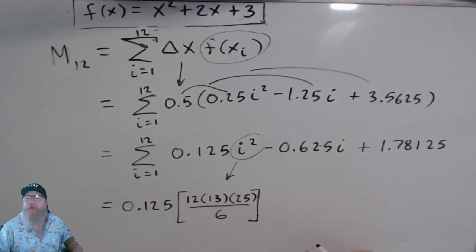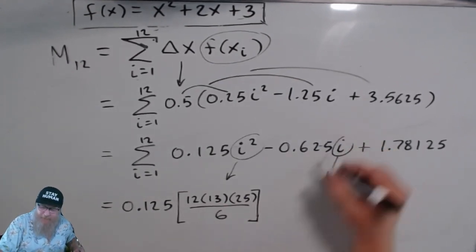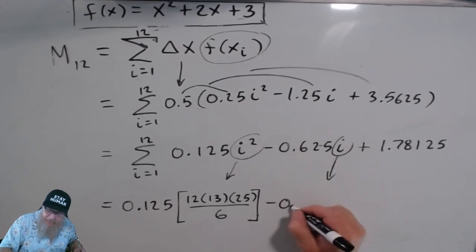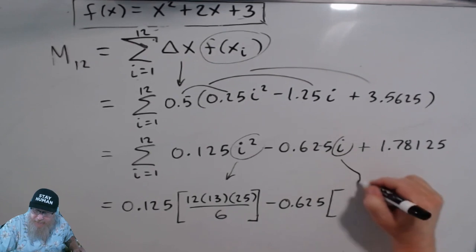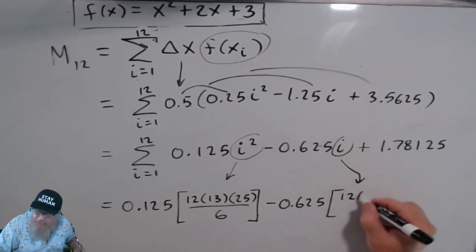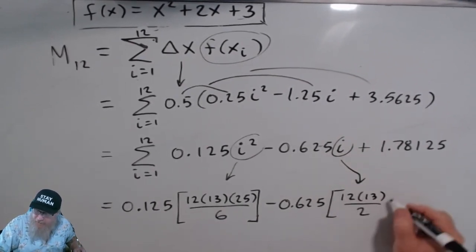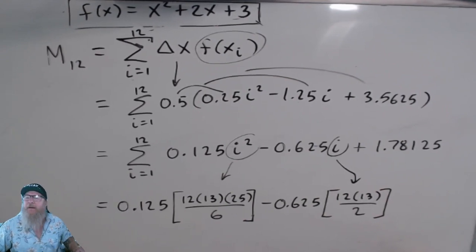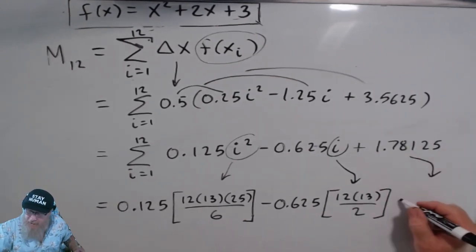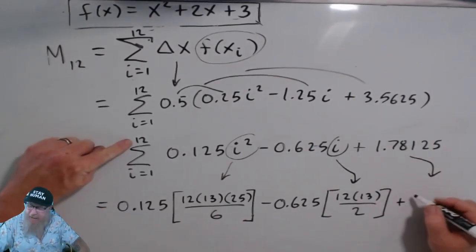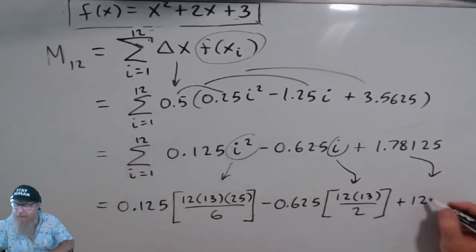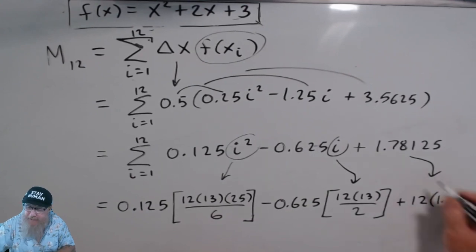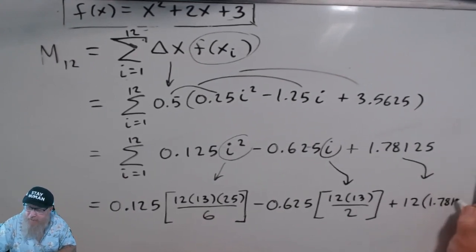That's your i squared formula. And then you pull out the 0.625 and you apply the i formula. That was the easier one. That's 12 times 13 over 2. And then the formula for a constant, just multiply the top index, or the number of rectangles, which is 12, times whatever that is, 1.78125.